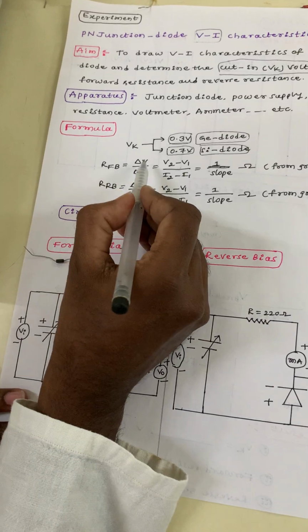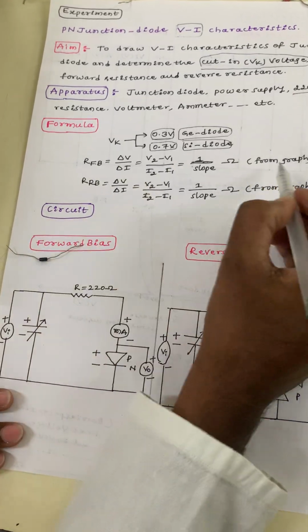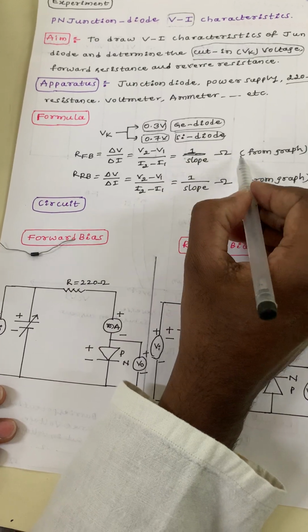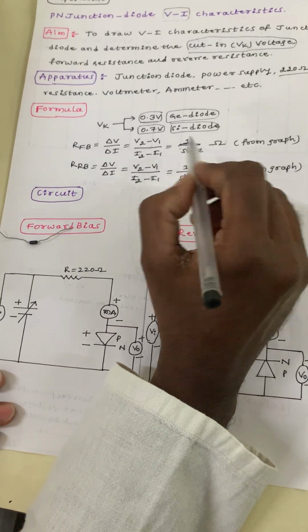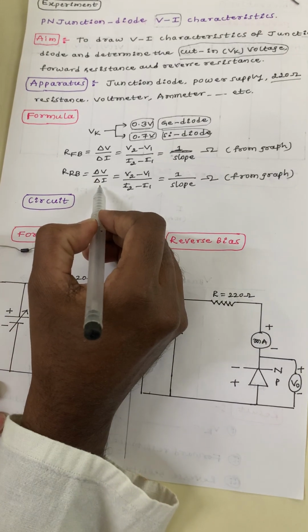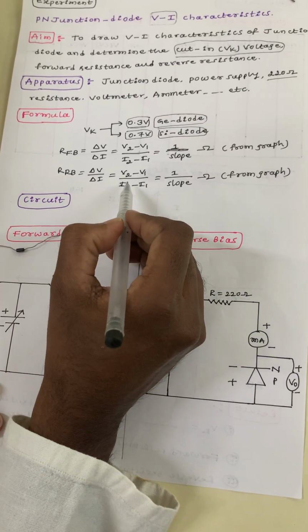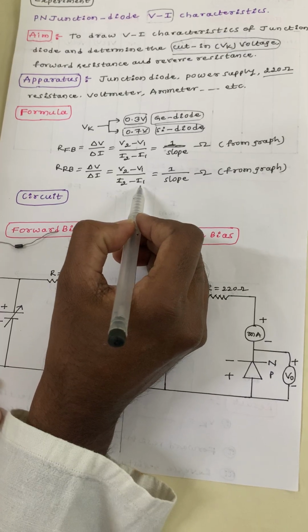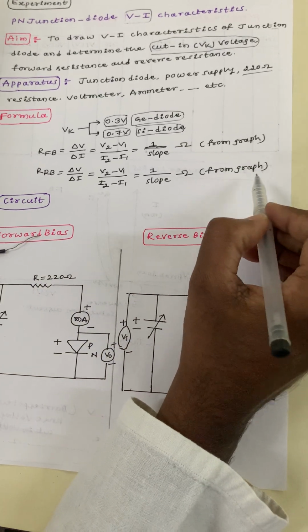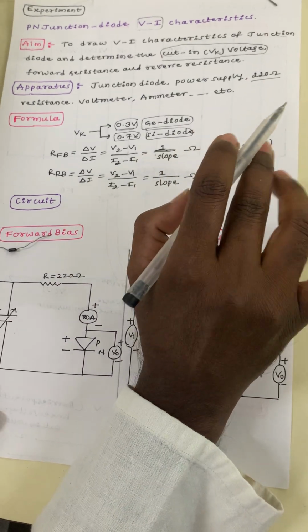Forward bias resistance is delta V by delta I. From the slope we find that 1 by slope is equal to the forward bias resistance. The reverse bias resistance is also delta V by delta I, that is (V2 minus V1) divided by (I2 minus I1), which is equal to 1 by slope. This we also calculate from the slope only.